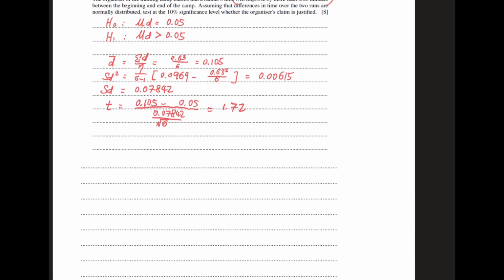Now we look for the critical value. Let's see the degrees of freedom first. Degrees of freedom v equals n minus 1, so 6 minus 1, we get 5.